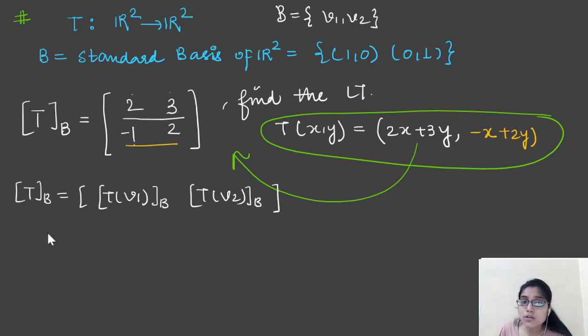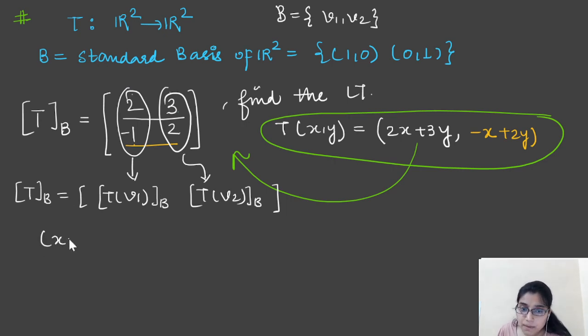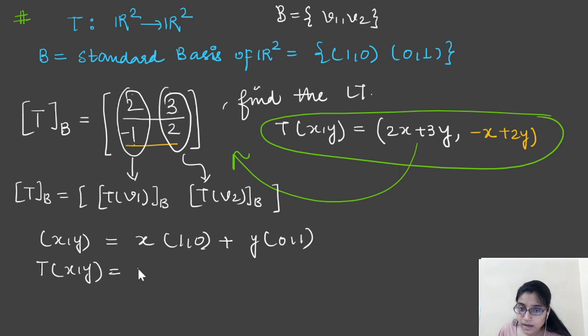Fine. So here what we are getting is that we can write it down like this. So it means this member is representing this value and this member is representing this value. Fine. You can use this way also. So any member x comma y will be written as x times 1 comma 0 plus y times 0 comma 1. Fine. Now what you can do is that T of x comma y as what?